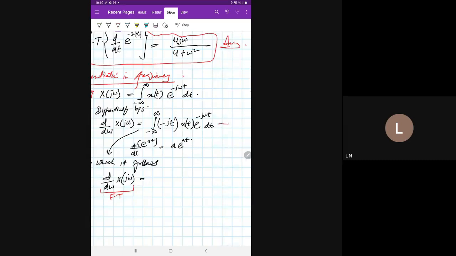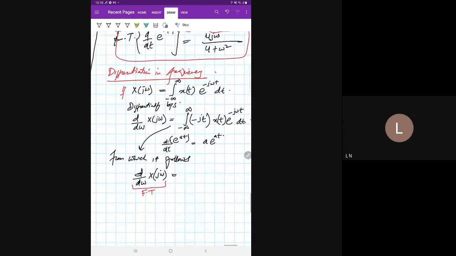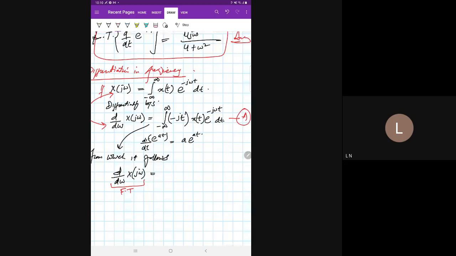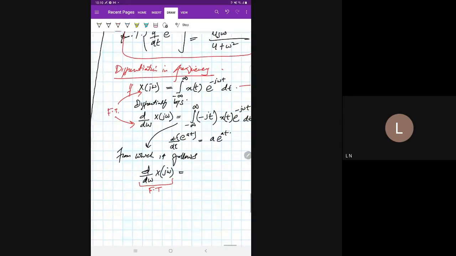If we have a look at equation A, we can see that on the left hand side this is a Fourier transform, like we have here. Similarly, in equation B, the left hand side is a Fourier transform. In equation B, we can say X of j omega is the Fourier transform of a signal, which is x of t.